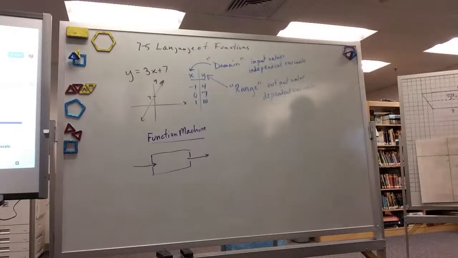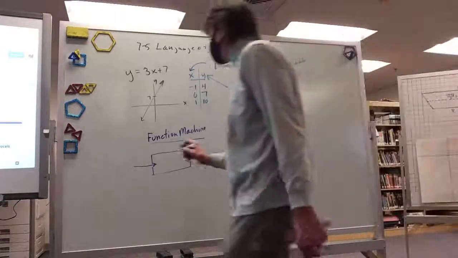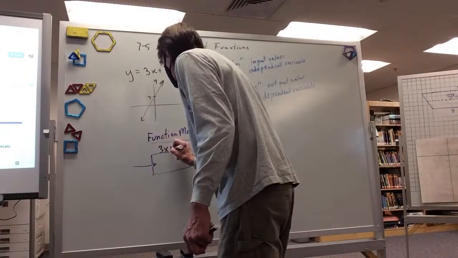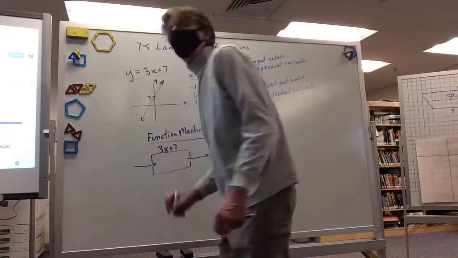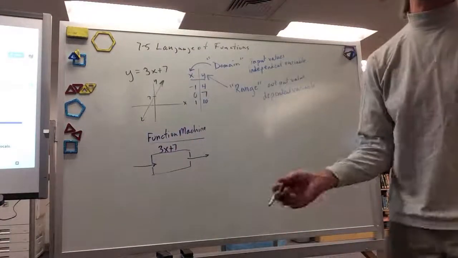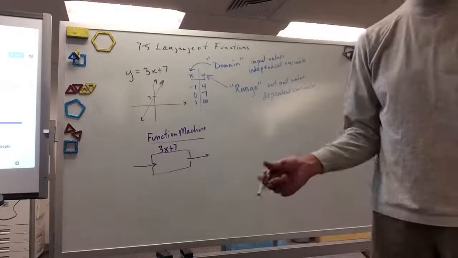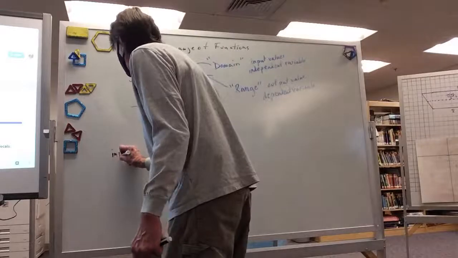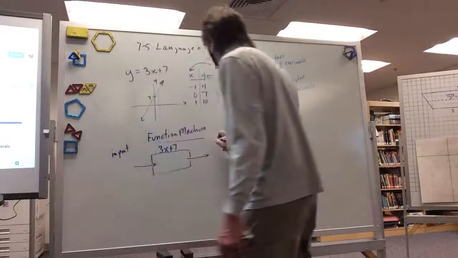This is how they teach it to little kids, but it makes a lot of sense. It's nice to look at. And here's what the rule is. The machine's rule is 3x plus 7. You know, when they do this with little kids, they'll say, well, the rule is going to be add 6 or take away 1, stuff like that. And if I take an input over here, I'll get an output.